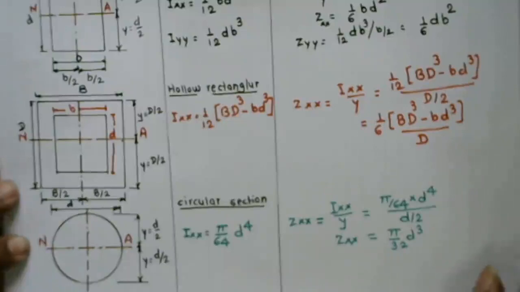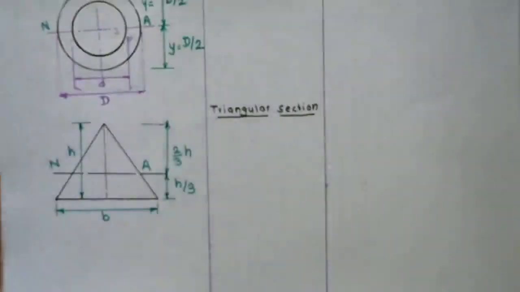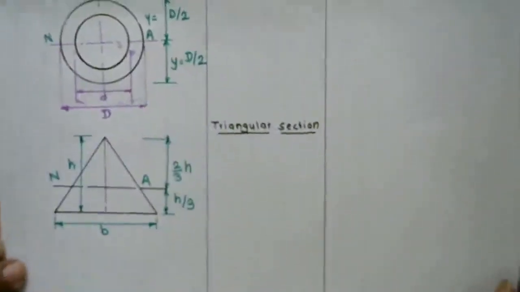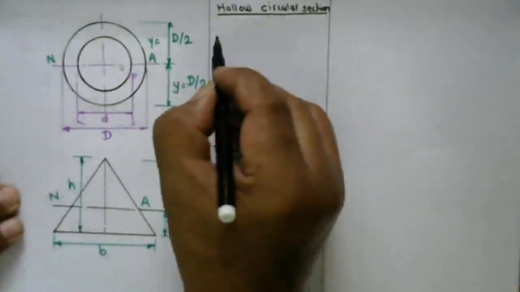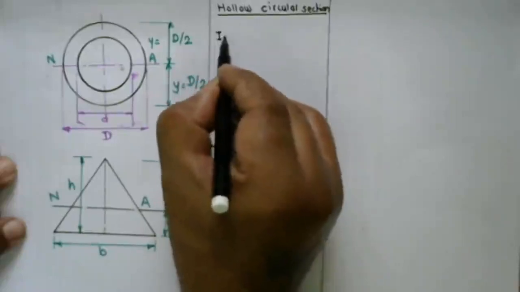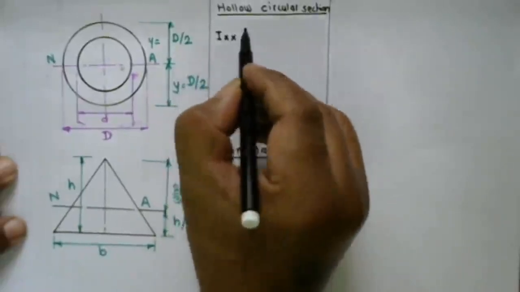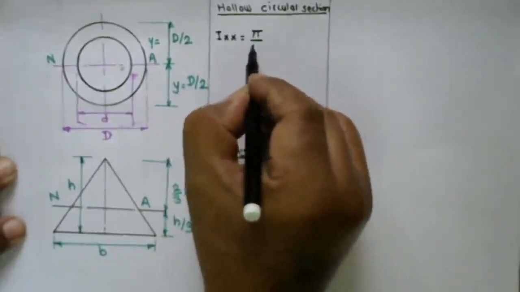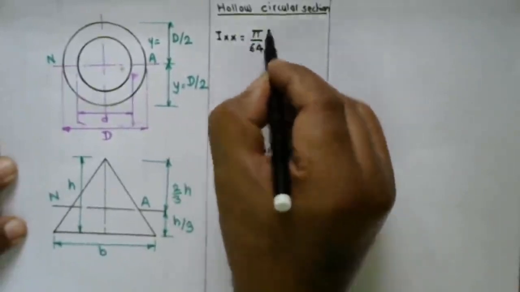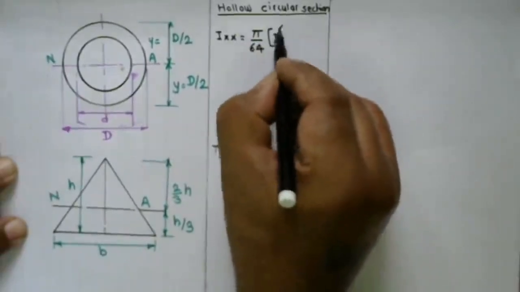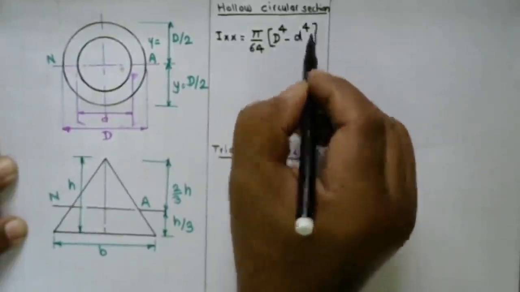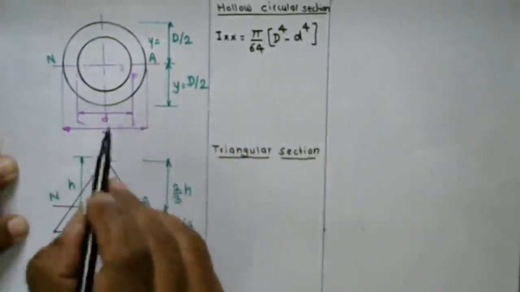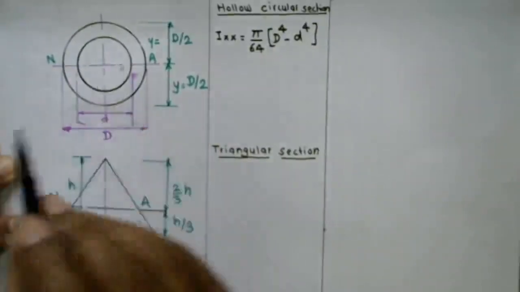Okay. Now the next section, the hollow circular section. In that hollow circular section, Ixx is equal to Iyy, you may say. So Ixx is equal to the moment of inertia, pi by 64 in bracket capital D raised to 4 minus small d raised to 4. Capital D is known as the outer diameter, small d is known as the inner diameter.